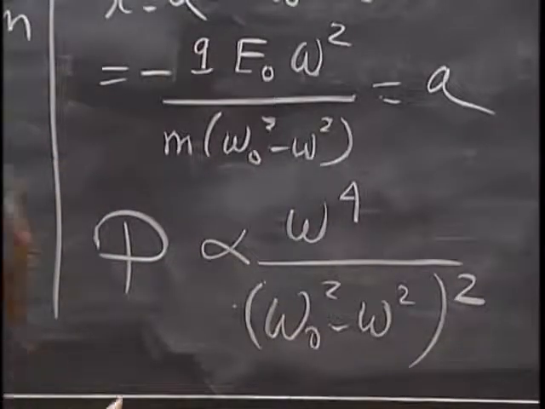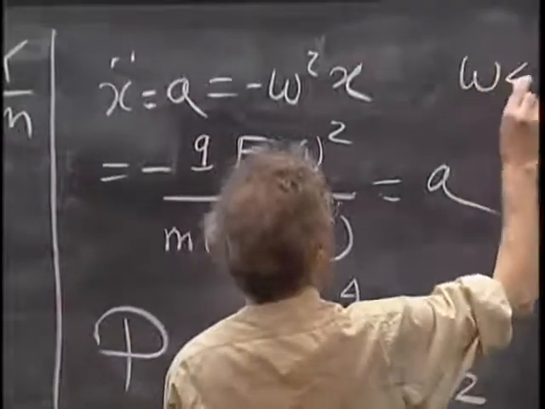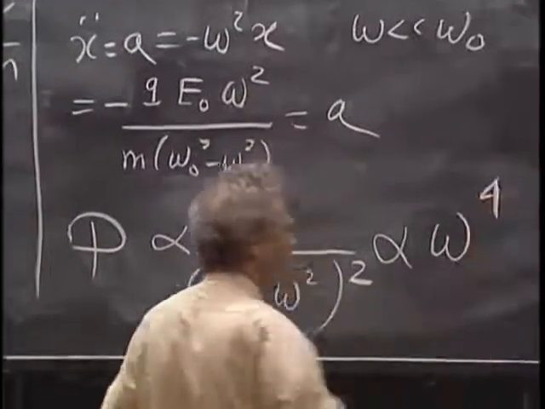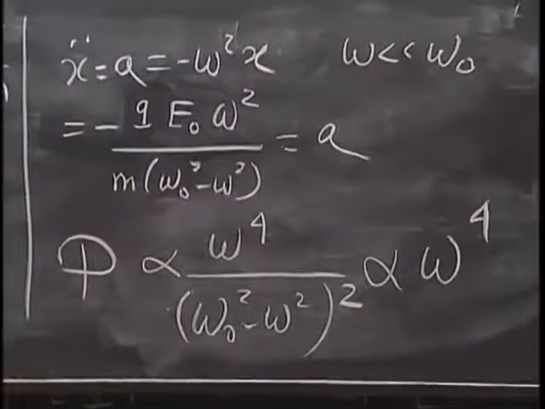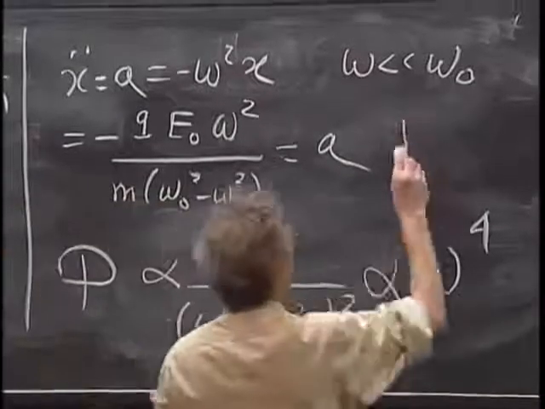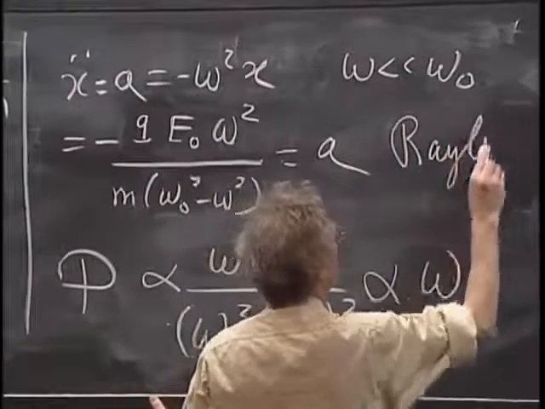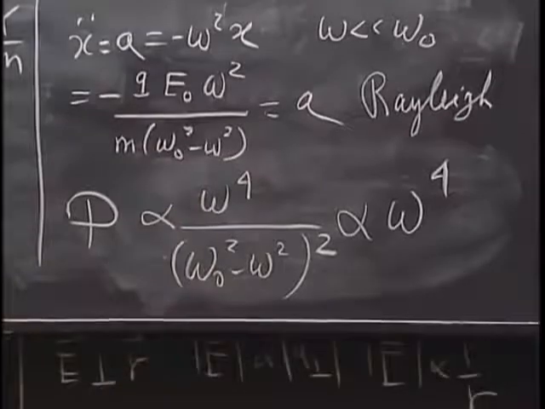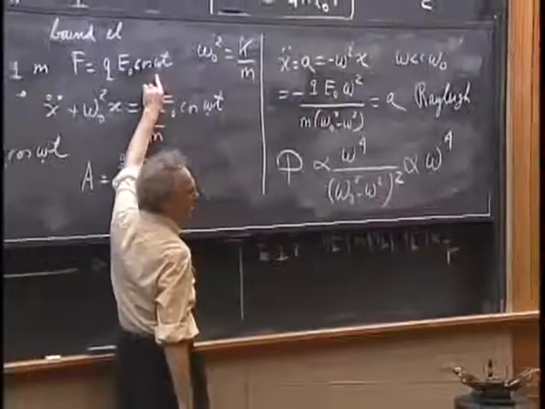And now, if omega is way below resonance, this is proportional to omega to the fourth. And that's a very famous result, which is known in the literature as Rayleigh scattering. And the reason why we call it scattering, Rayleigh scattering, is that you must understand that the radiation that comes in has this frequency.